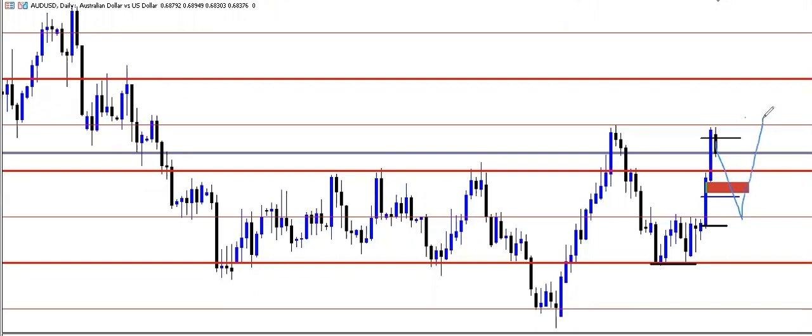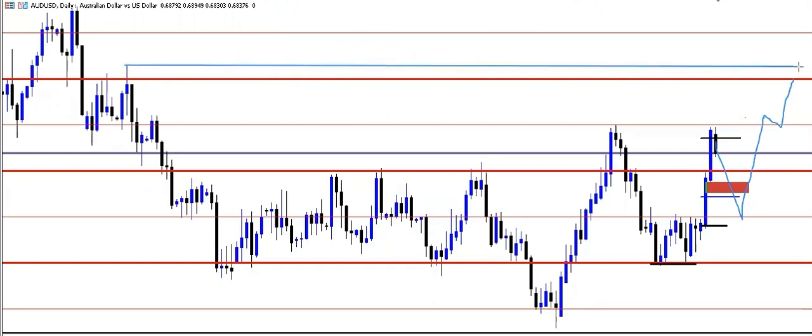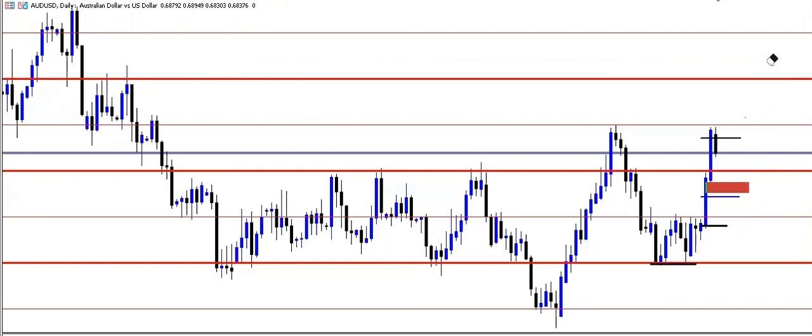If we target here, maybe price can continue pushing hard to target these previous highs, and another previous high here. So price goes something like this, just clearly following structures.